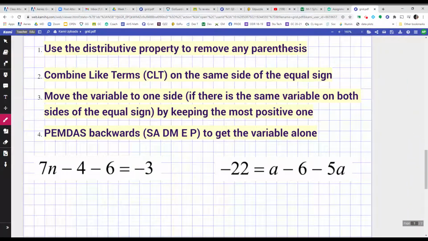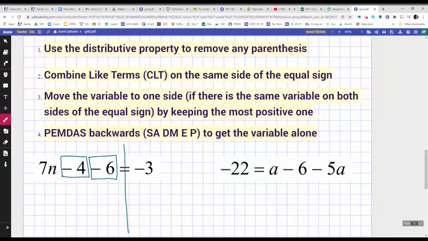I'll zoom out a little bit. There we go. Combine like terms on the same side of the equal sign. Okay, here's my equal sign. I draw my line. Like terms have the same variable to the same power. Well, here's a -4 and a -6. Neither one of them has a variable, so that means they're like terms.